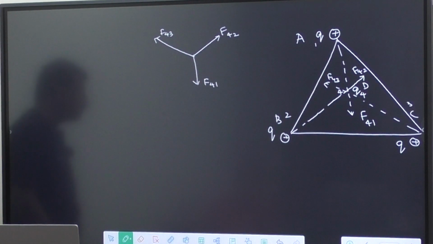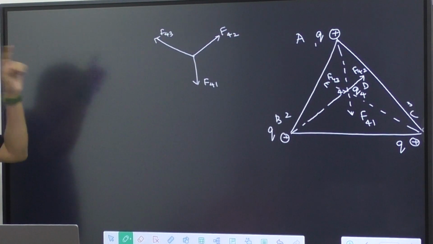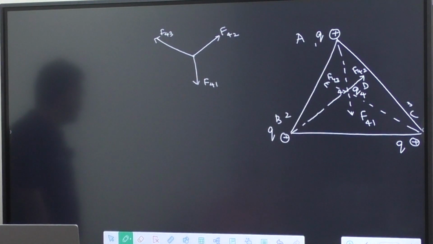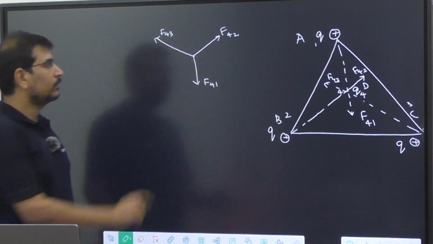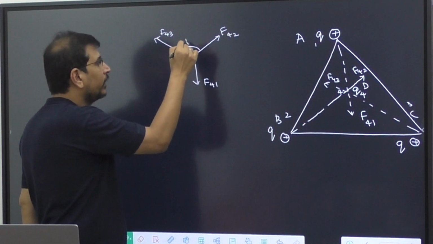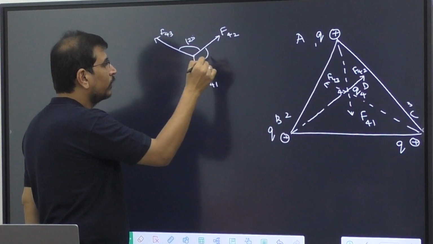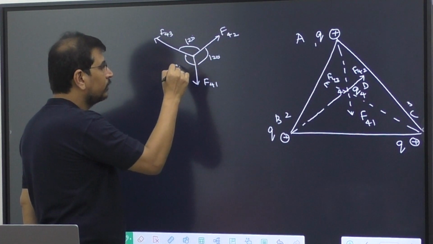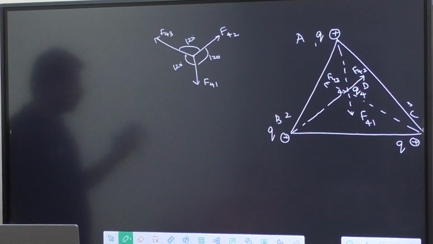Correct. Now the question is, what is the angle between each? It is 120. So 360 degrees, this is 120, this is 120, and this is 120. Am I clear with this?